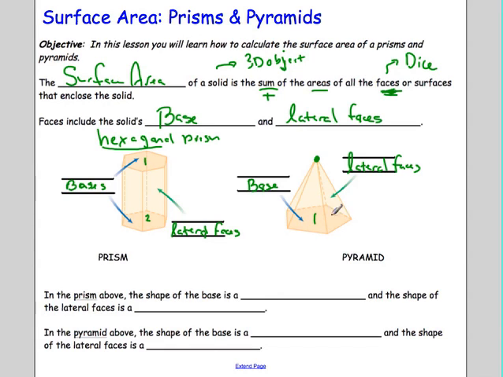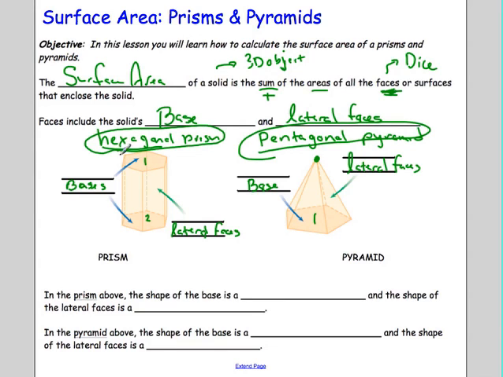Because this has a base of a pentagon, this is called a pentagonal pyramid. So each of these are named after the shape that makes up their base. The hexagonal prism and the pentagonal pyramid are named after whatever their bases are, and then pyramid or prism specifically.